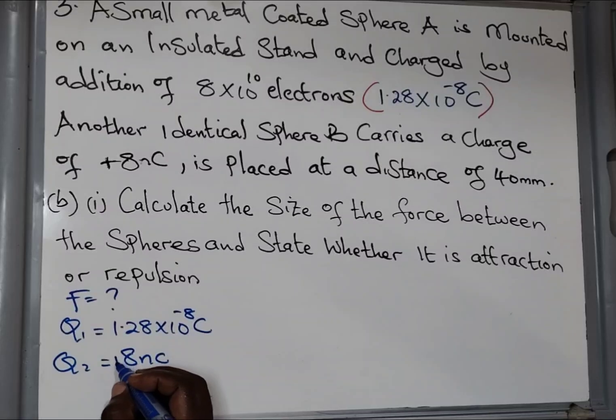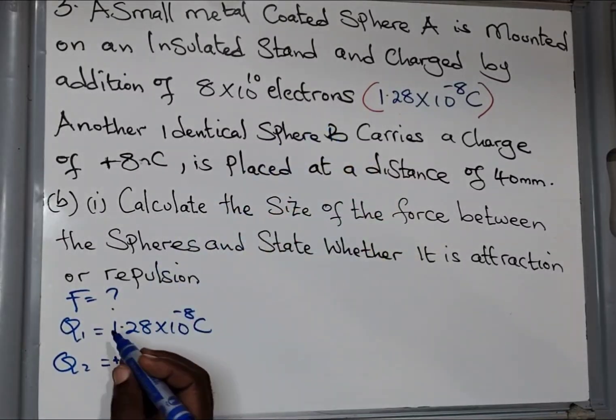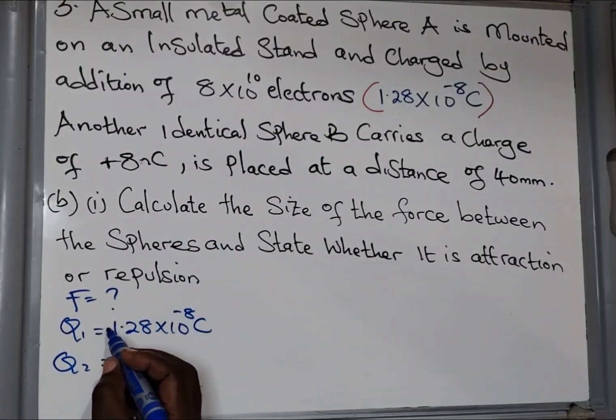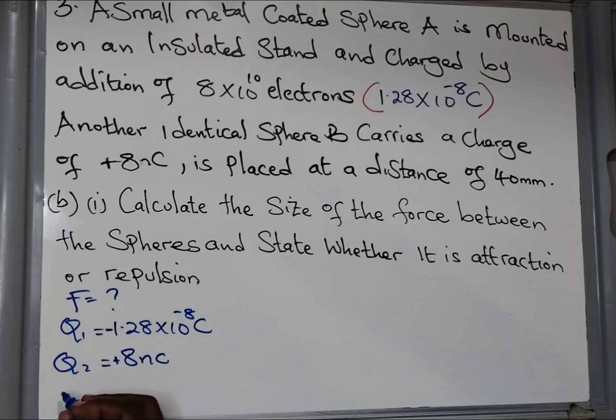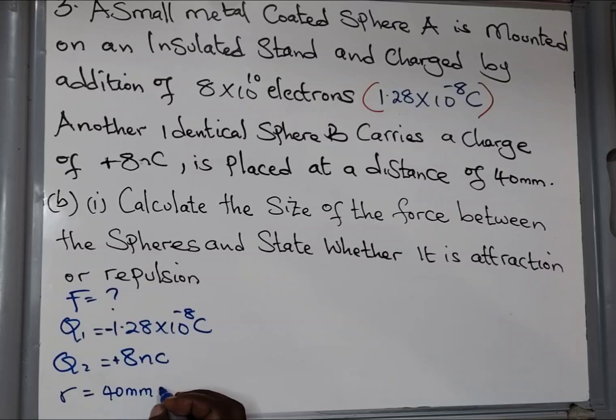We have to remember that this one is a plus, and that one acquired electrons, so it's a minus. When an object acquires electrons, it becomes negatively charged, and when an object loses electrons, it becomes positively charged. And we know the distance between them, which is 40 millimeters.